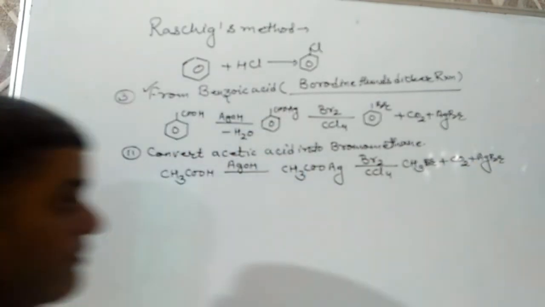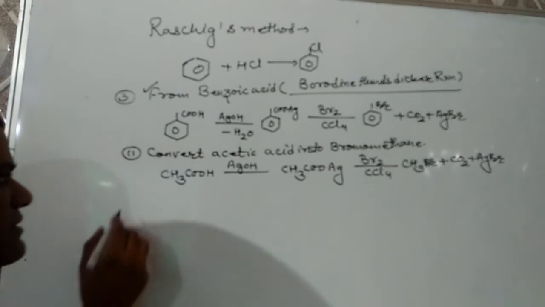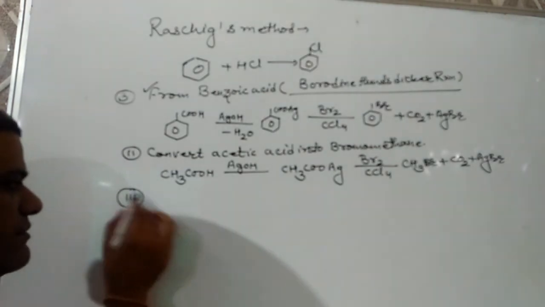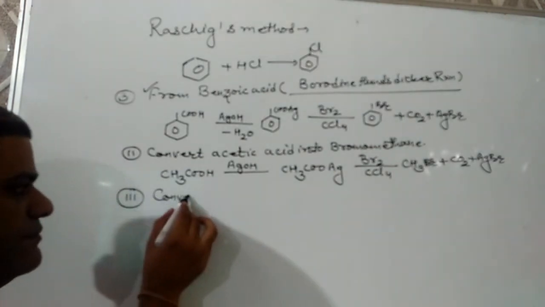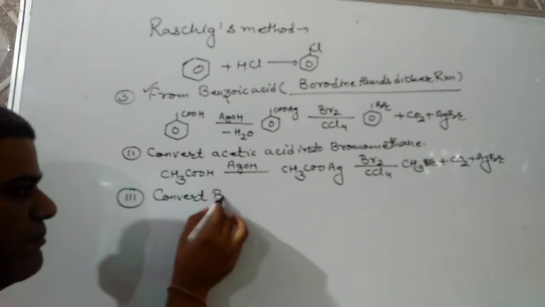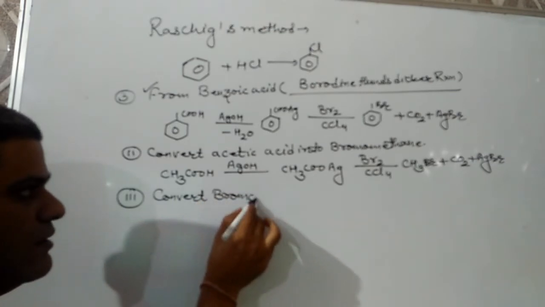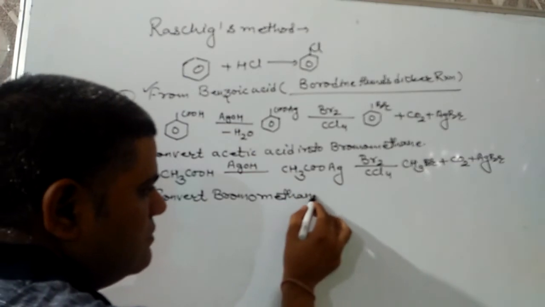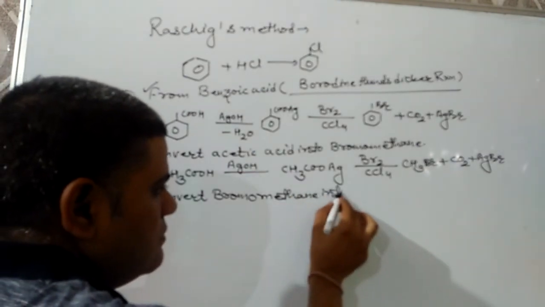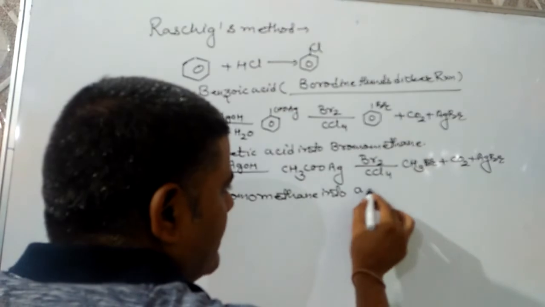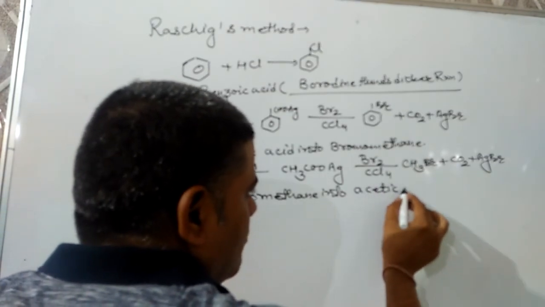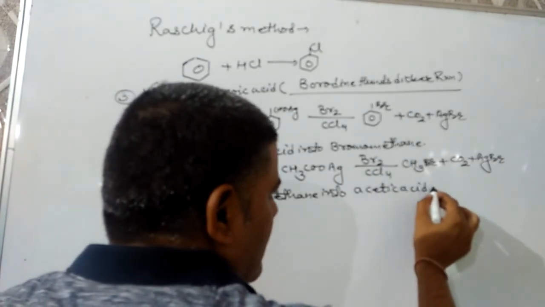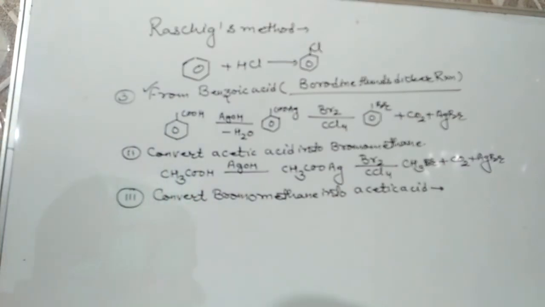And the next question will be the reverse of these two. The first is: convert bromomethane into acetic acid.